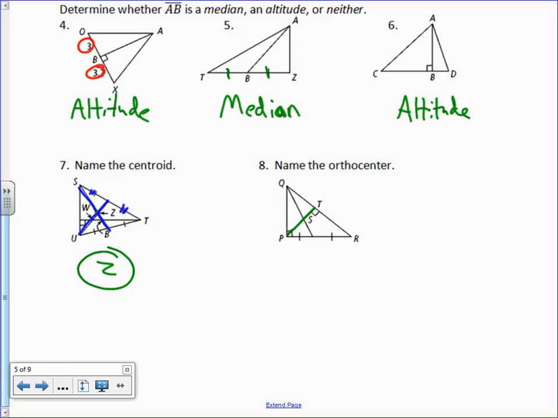We need at least one more altitude, and it happens to be a right triangle. So this is the perpendicular line, the height of that triangle. This is another altitude. So that means that P is where the altitudes intersect. S would not be. S is where one altitude and one median intersect, but we don't need to worry about that at all. That doesn't answer our question.